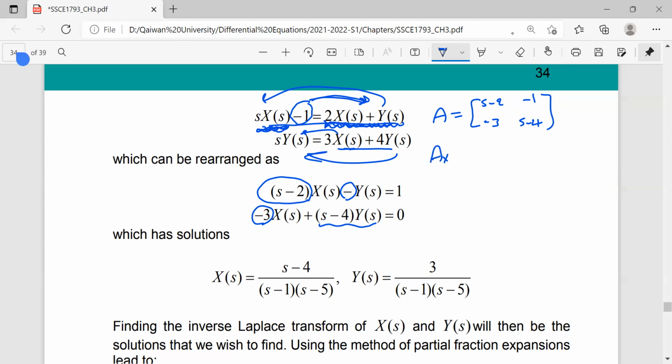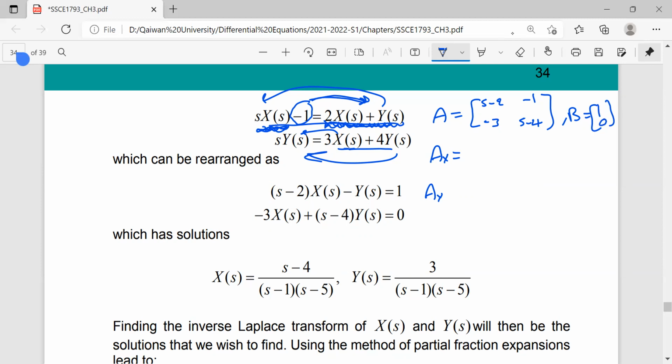Now we find Ax and Ay. What's Ax? For Ax, we replace the first column, as you see. The first variable here is x of s. We replace the first column by the right hand side. The right hand side here is 0 and 1, so b is 1 and 0.